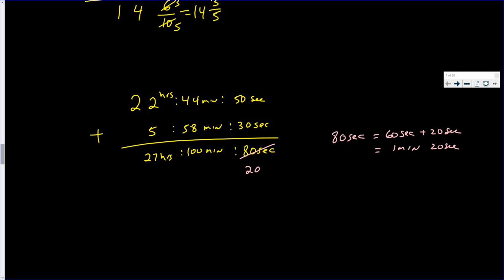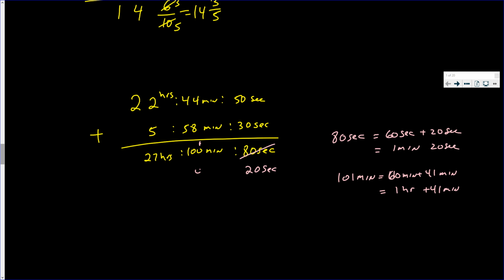So you have the 20 seconds, but you need to carry over the minutes. So now you have 101 minutes. Well, that's 60 minutes plus 41 minutes. That is, it's 1 hour and 41 minutes.